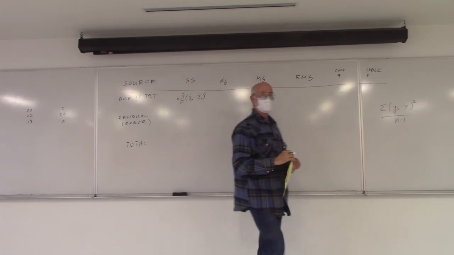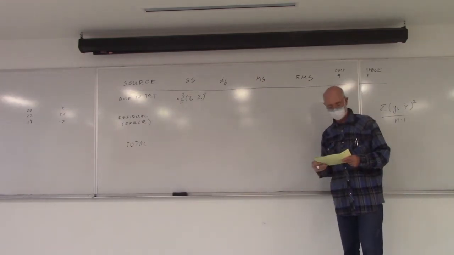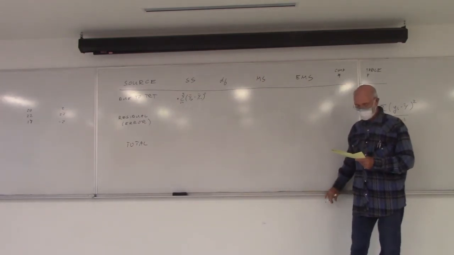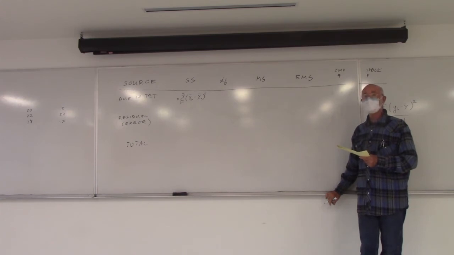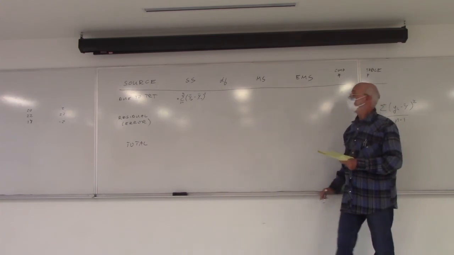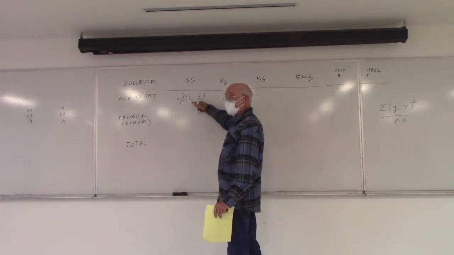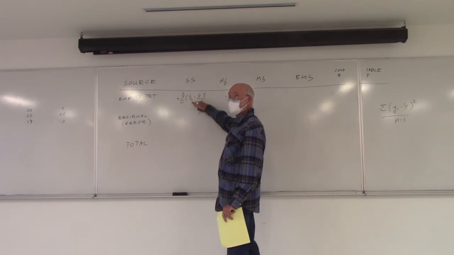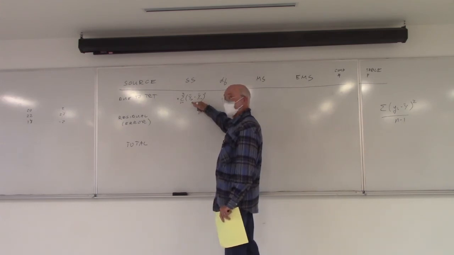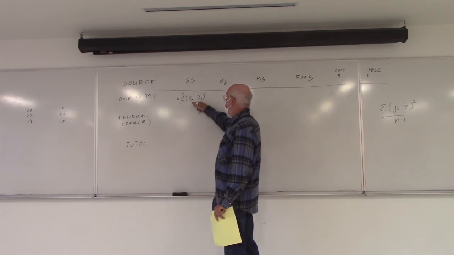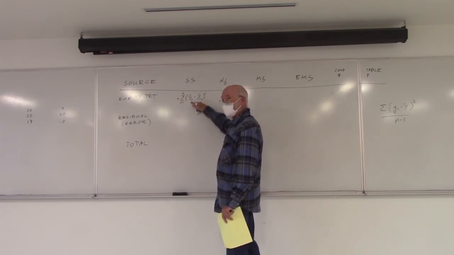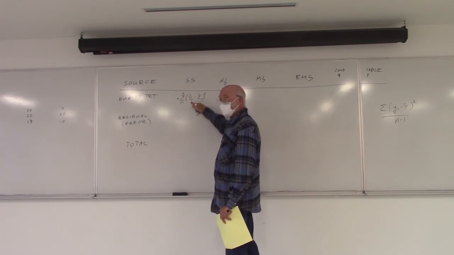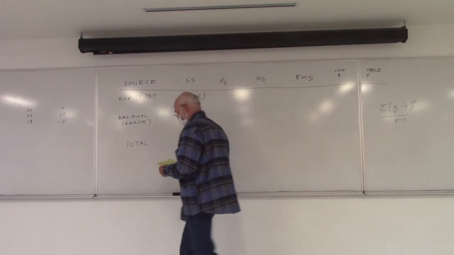There were n observations in each treatment. So I'm summing across my observations. Okay? So it's for the ith treatment, i equals 1, 2, 3, 4.